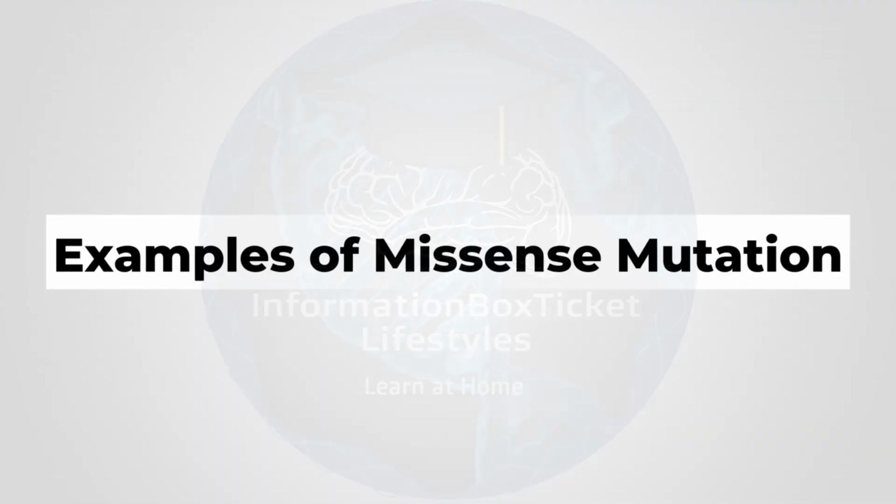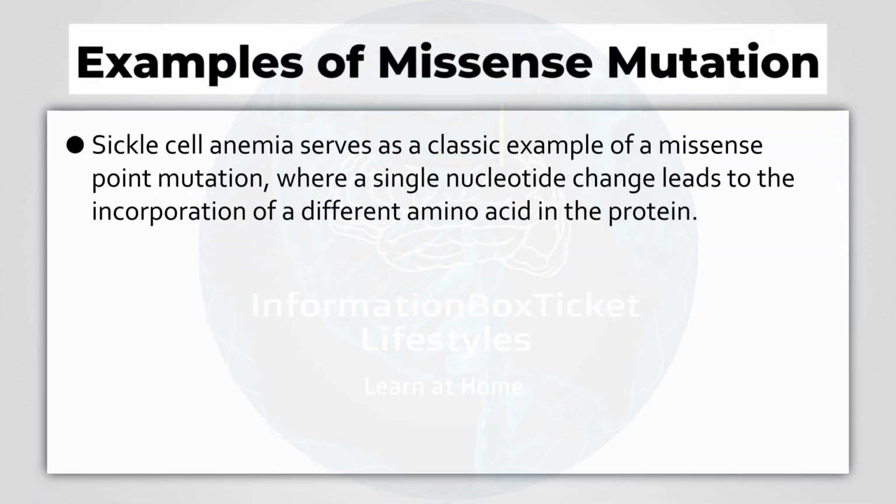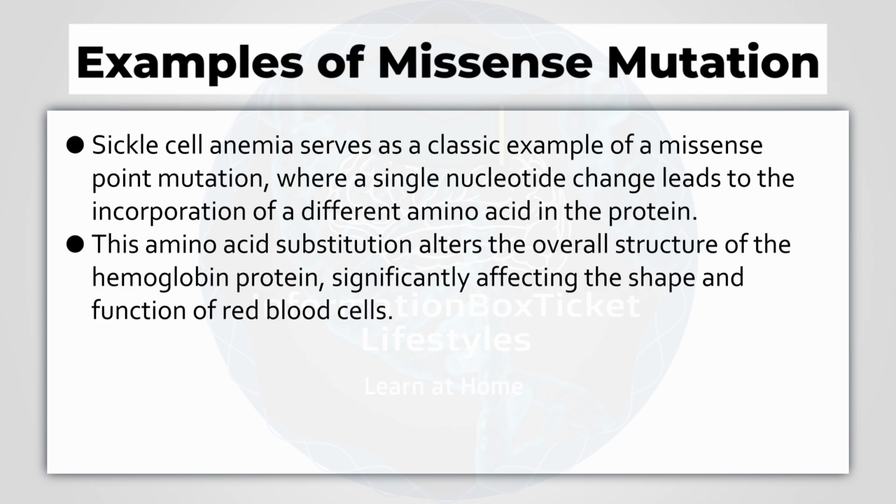Examples of missense mutation. Sickle cell anemia serves as a classic example of a missense point mutation, where a single nucleotide change leads to the incorporation of a different amino acid in the protein. This amino acid substitution alters the overall structure of the hemoglobin protein, significantly affecting the shape and function of red blood cells.